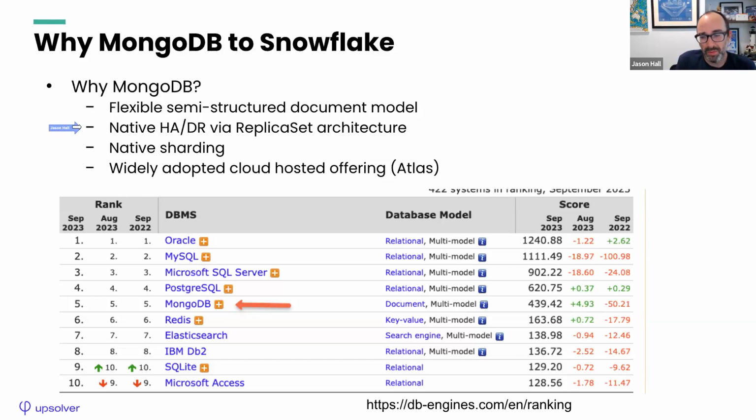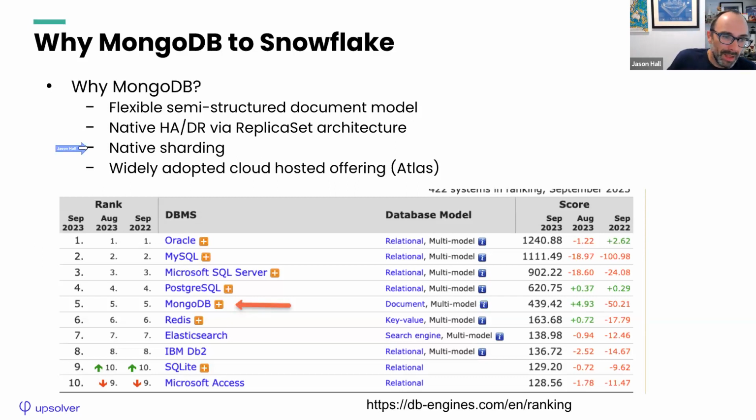Failover is quick and simple, and really the database was built from the ground up to support high availability. Similarly, it was also built from the ground up to support sharding of data across different nodes of a cluster, right? Sharding in many database platforms is a very difficult process to configure and often involves custom development in order to support. With MongoDB, sharding is really just a few configuration changes, and it's natively supported in the database itself.